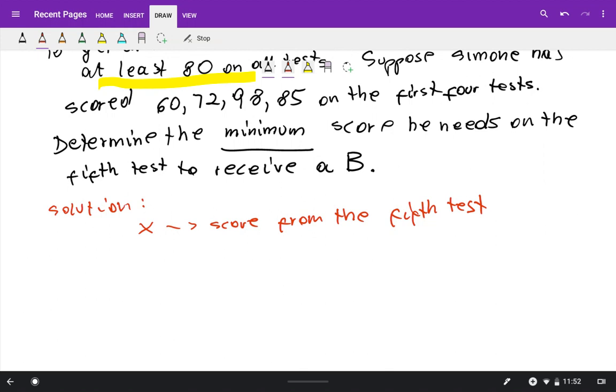So to get B, the average from all 5 tests has to be at least 80.